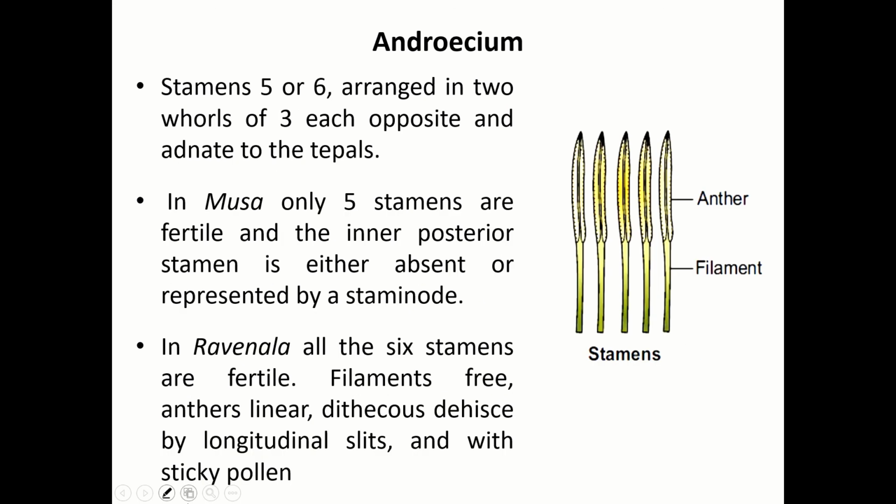All right. Then we'll move on to the androecium. In hermaphrodite and male flowers, stamens are 6 in number. All of them are fertile in Ravenala. In Ravenala, see, all the 6 stamens are fertile.